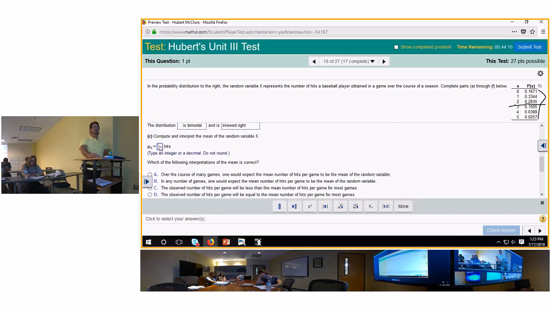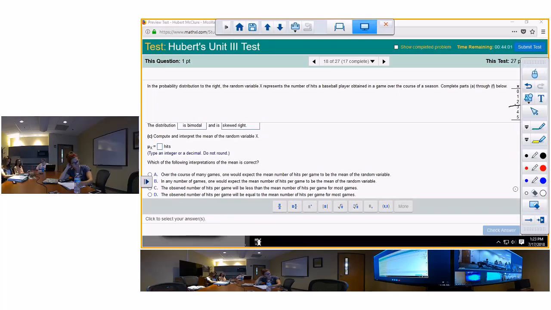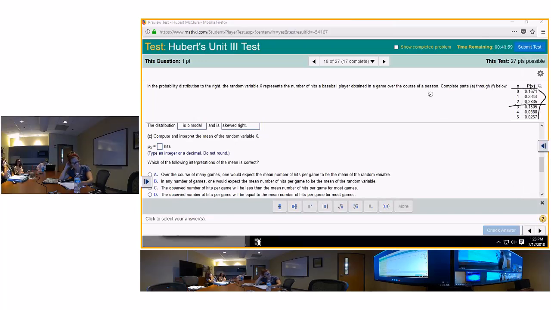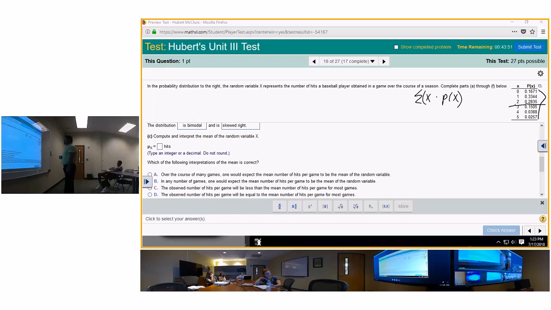What is the mean? Now, how do you find the mean? You multiply x times what? X times p of x. And what do you do with x times p of x? You add it up. That's right, class.